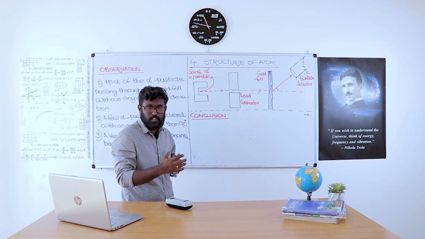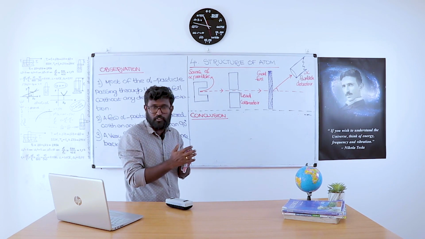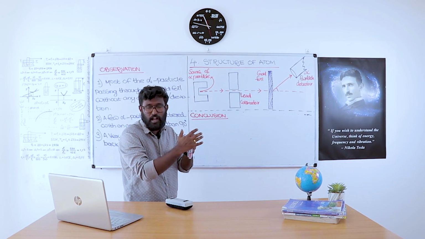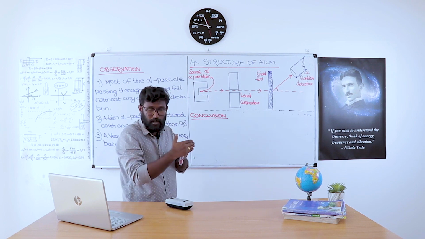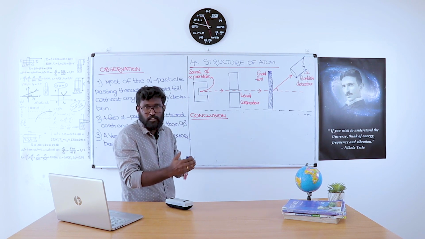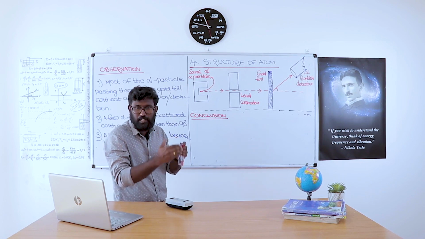And if the whole atom were negatively charged, there would be a chance of attraction. These two never happen. That means that a major portion of the atom is empty.